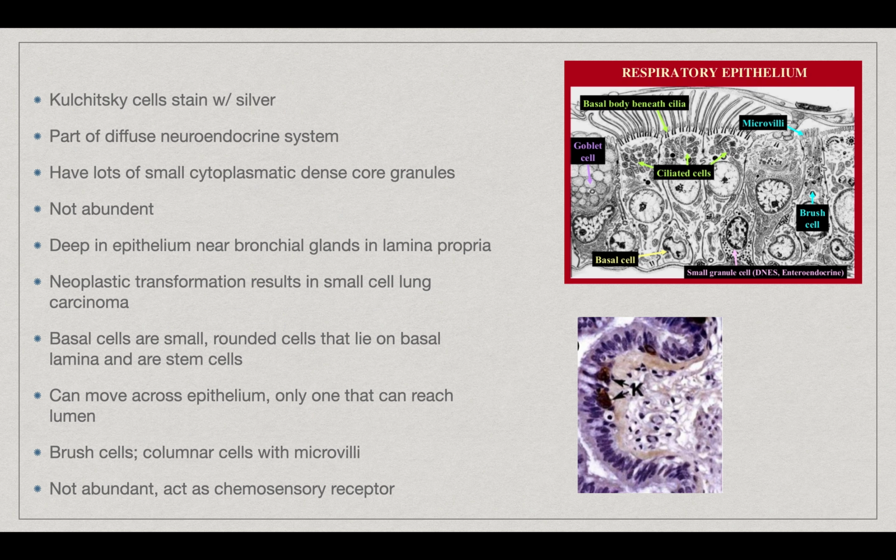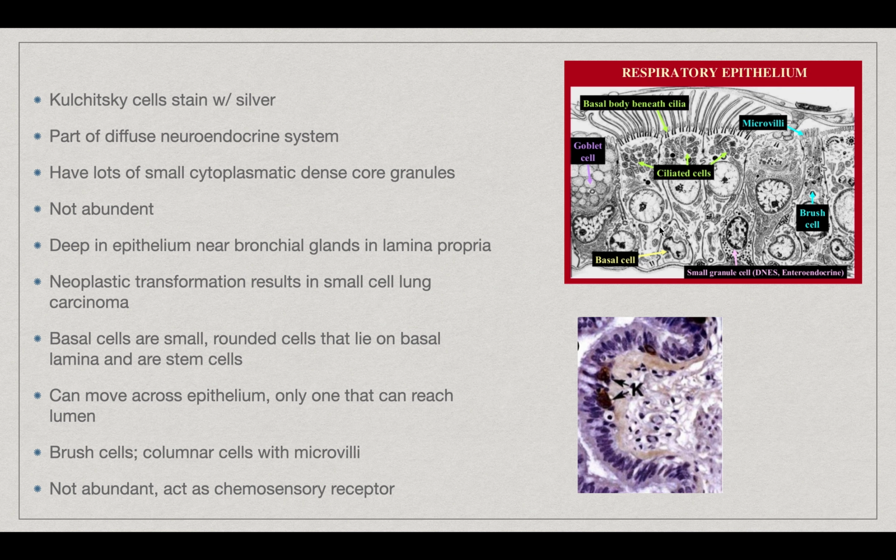So Kulchitsky cells can only be stained with silver stains, otherwise they'll appear as dark blobs, and they're a part of the neuroendocrine system, and they're fairly rare. They're not abundant, and they lie deep within the epithelium near the bronchial glands inside the lamina propria. And the problem with these cells is that neoplastic transformation will result in small cell lung cancer.